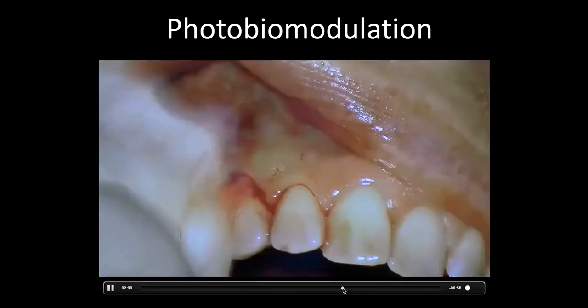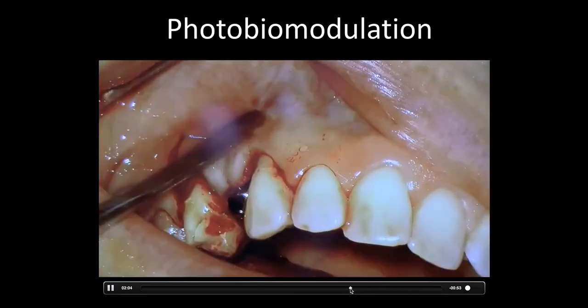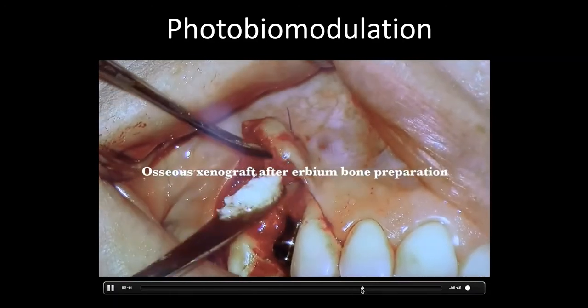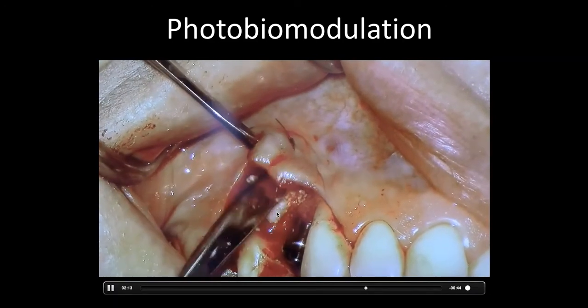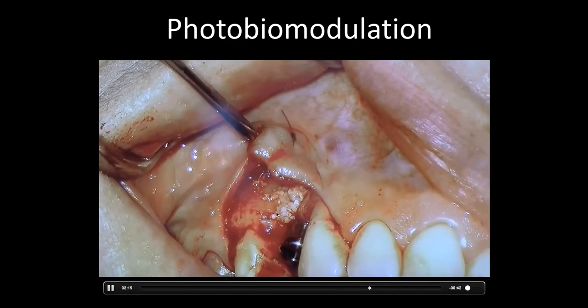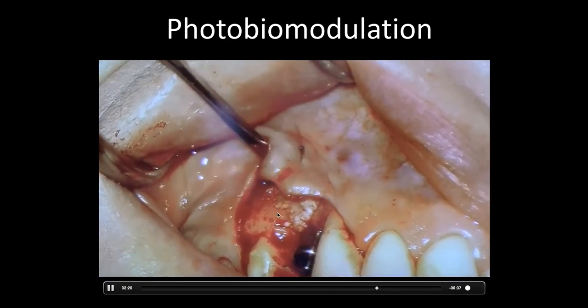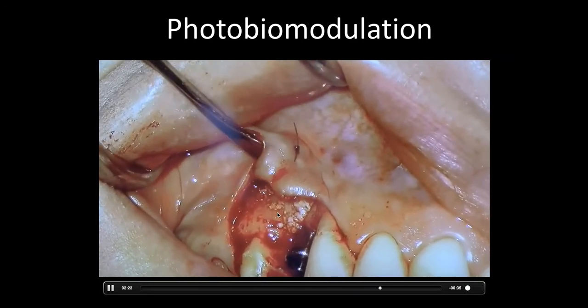So we can see here the insertion of material here, and the bone was prepared with the erbium YAG to do some little holes in the bone and to make a better blood supply.